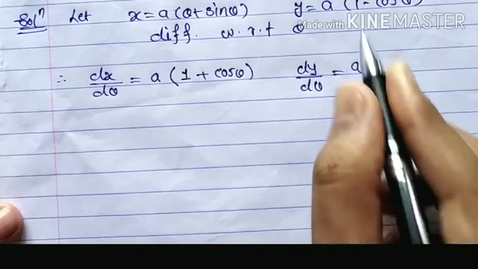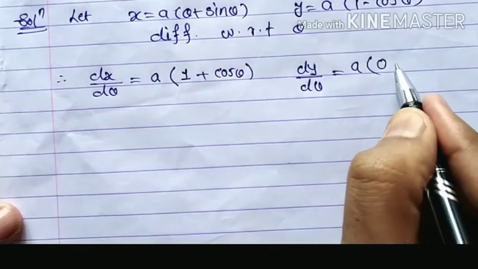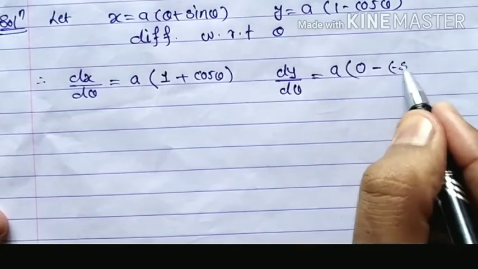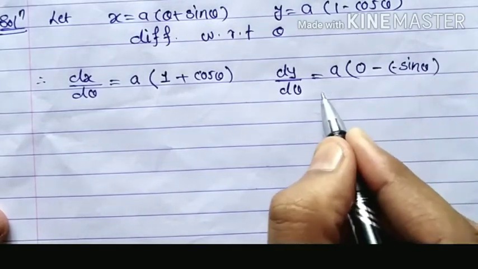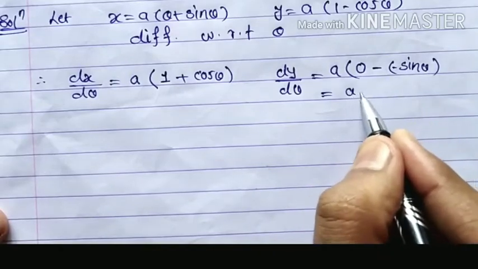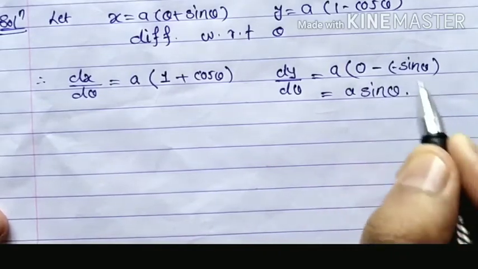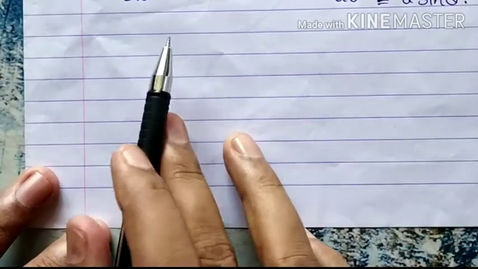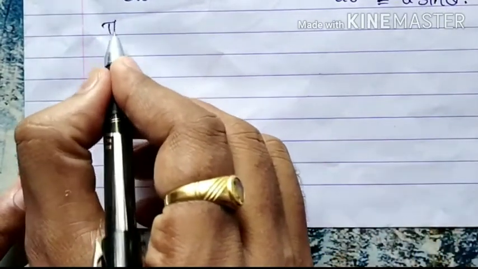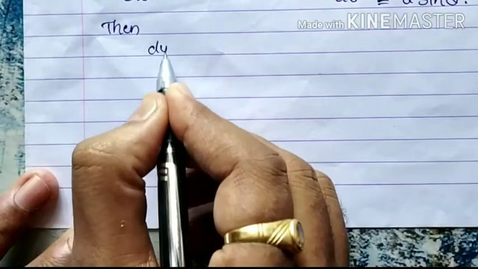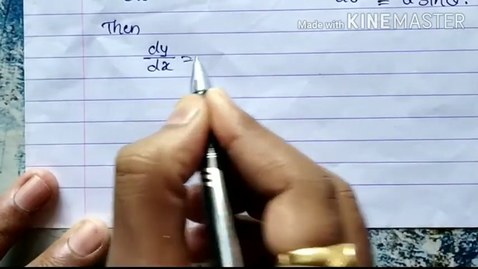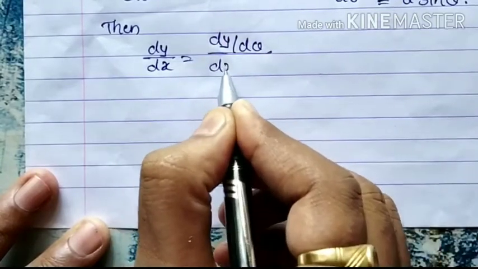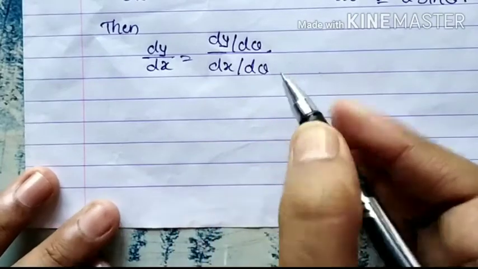The derivative of 1 is a constant, so the derivative of 1 is 0, minus the derivative of cos is minus sine of theta, and so finally this is plus a sine of theta. So we get the derivative of x with respect to theta and the derivative of y with respect to theta, and then we can have the derivative of function y with respect to x as the formula: derivative of y with respect to theta divided by derivative of x with respect to theta.